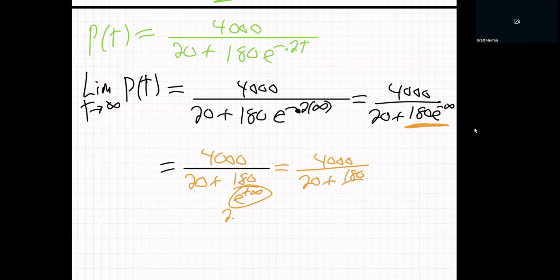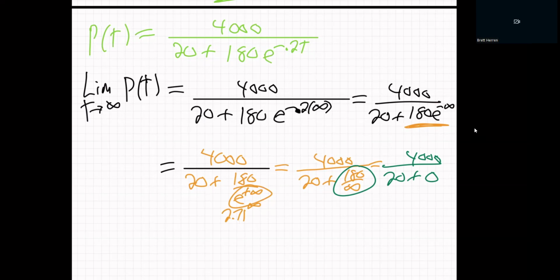E is a special number, 2.718, like pi is a special number, 3.14. To the infinity means 2.7 times 2.7 times 2.7, and so on. Well, that's infinity. So we have 20 plus 0, because 180 divided by billions and trillions is nothing.